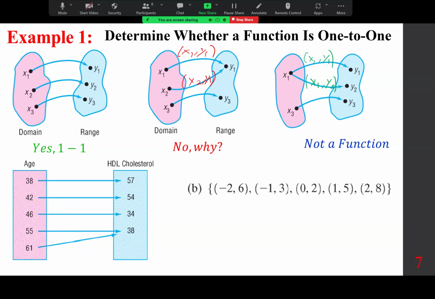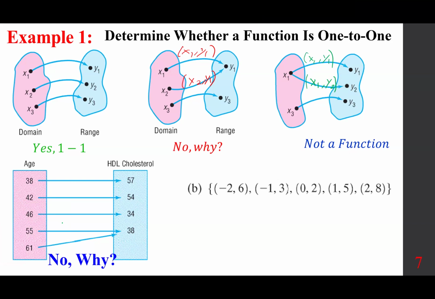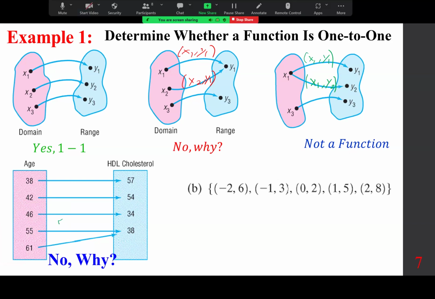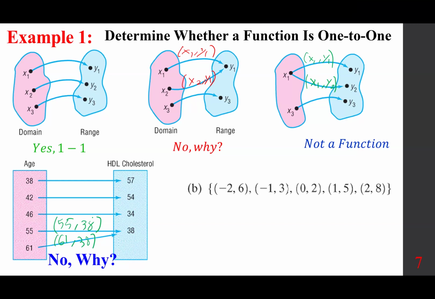In this case, the answer is no, because now we have 55, 38 as a pair, 61, 38, and therefore it's not a one-to-one function. In other words, in order for it to be a one-to-one function, the x and y coordinates cannot repeat.